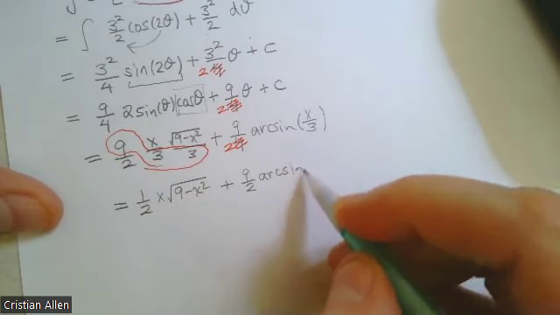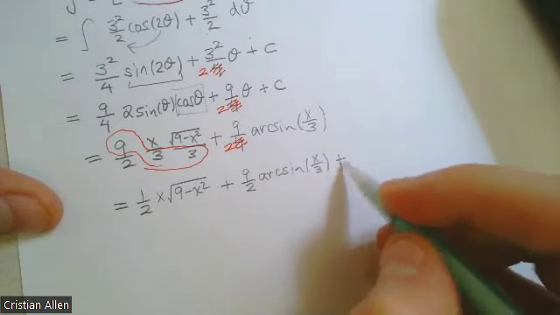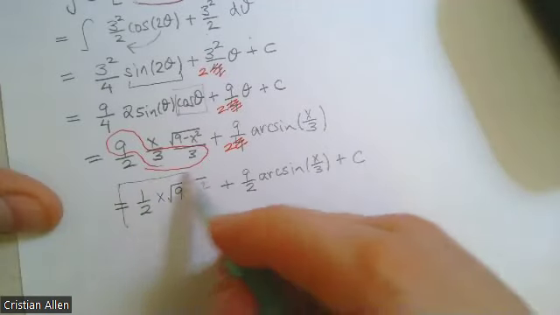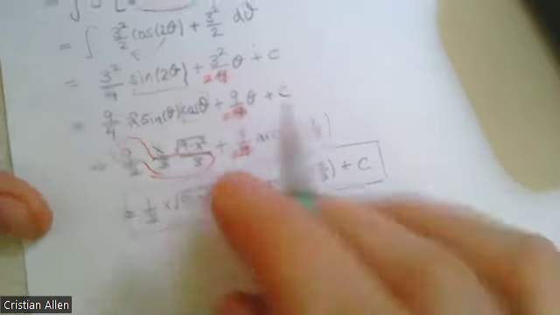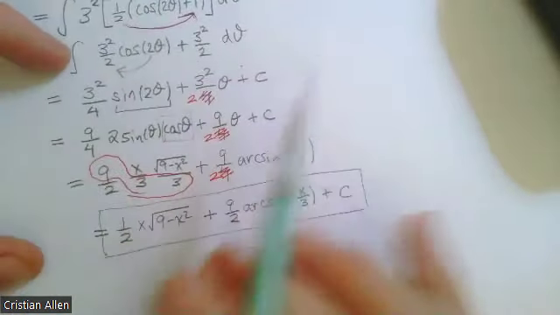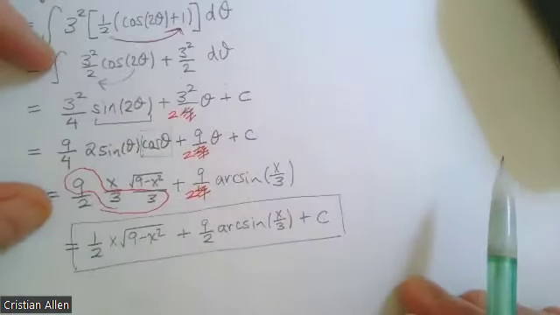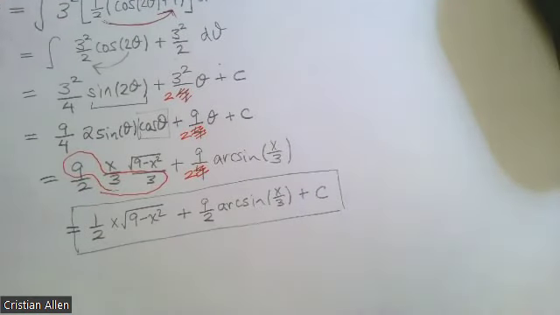This doesn't look like it's simplifying very much. A lot of these end up like that. The key is that you just definitely want to get it back into the x variable because we started it in the x variable. The thetas were just part of the trig substitution. So yeah, that concludes that one.